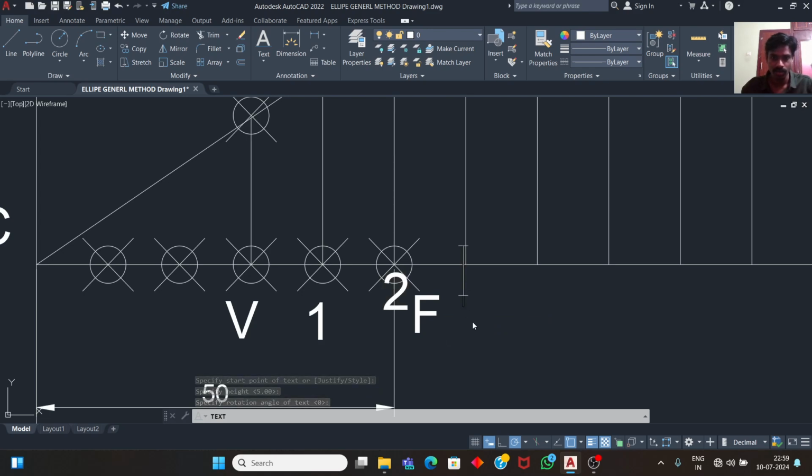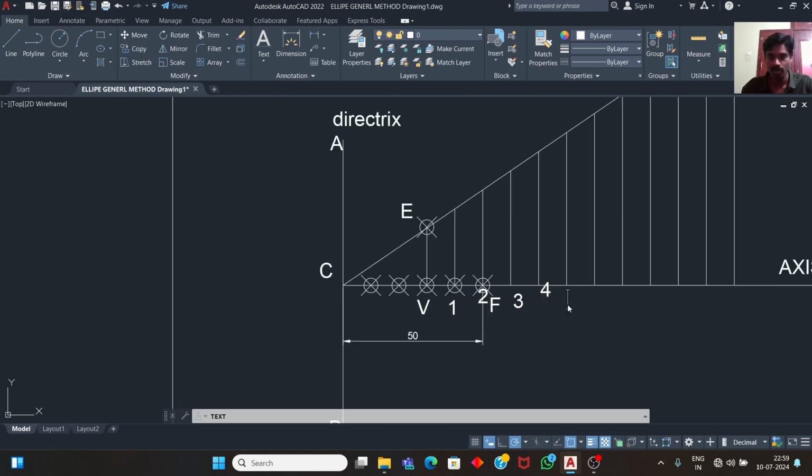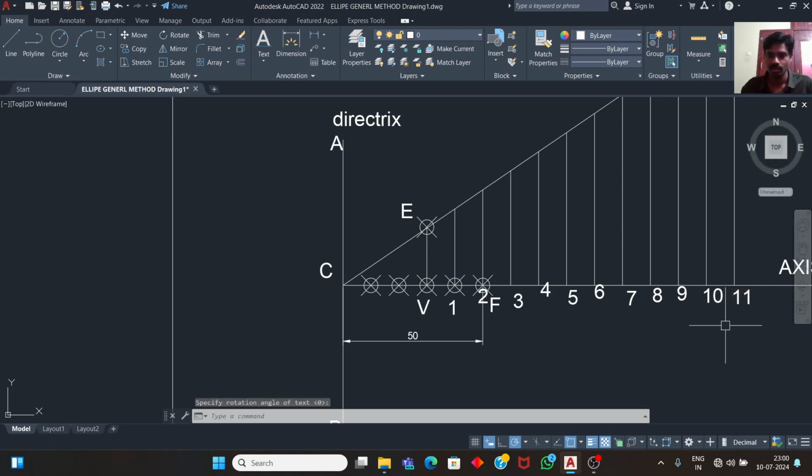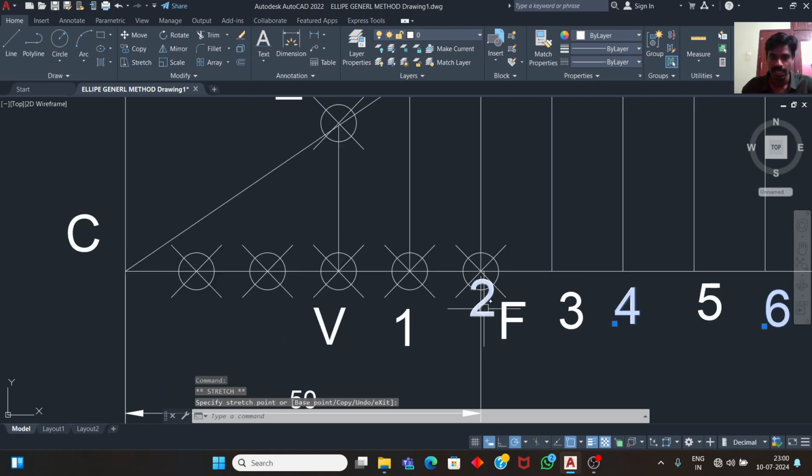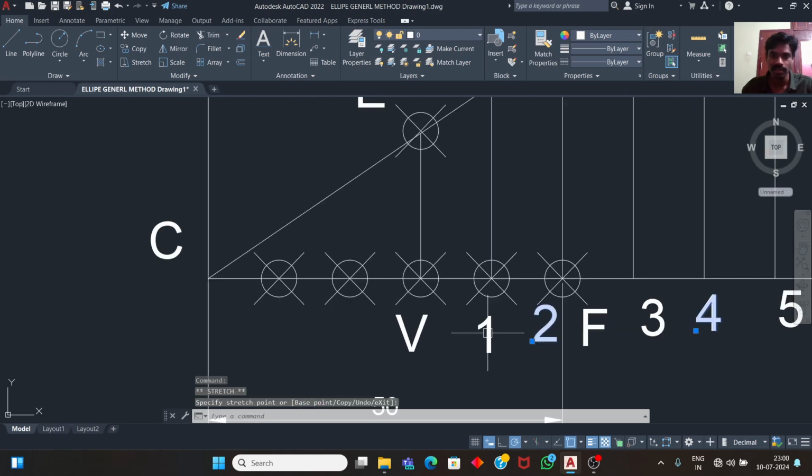This point is 3, this point is 4, this 5, 6, 7, 8, 9, 10, 11. The second point and the focus are both the same point.